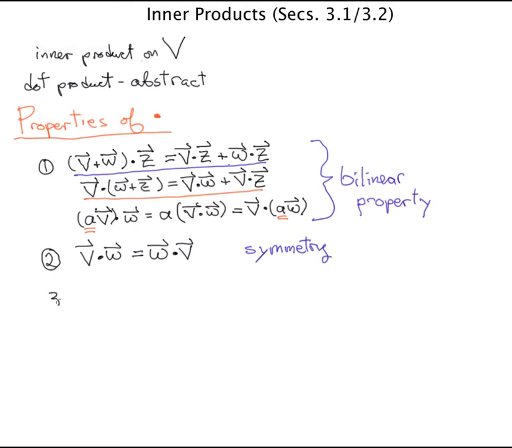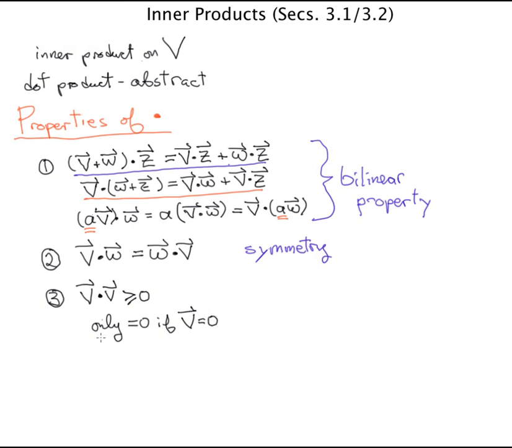And the last thing that it satisfies that I'm going to single out is positivity, which is to say, if you take a vector and dot it with itself, that's greater than or equal to 0. It's a real number, and it's greater than or equal to 0, and it's only equal to 0 if v is the 0 vector.